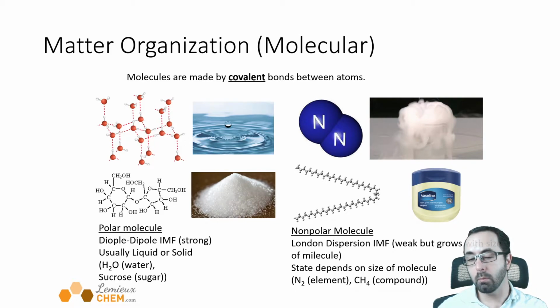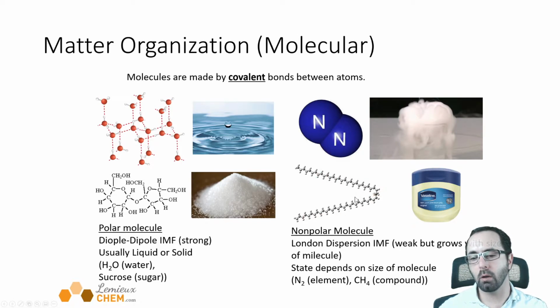Now, some other molecules are nonpolar. For example, nitrogen is nonpolar, so that's what constitutes most of the air. Nitrogen is an element that's in a molecule. And then this is a big hydrocarbon molecule. The hydrocarbon molecule is actually very large.